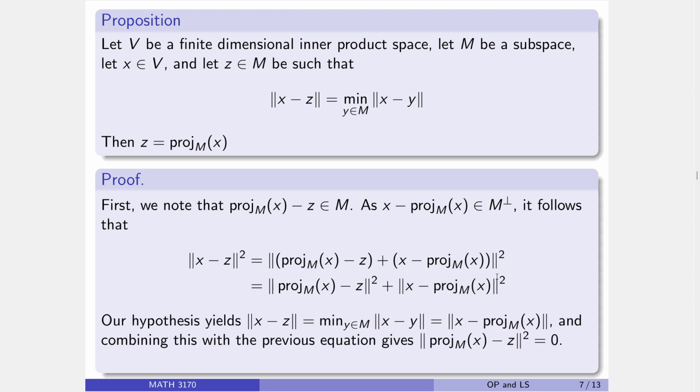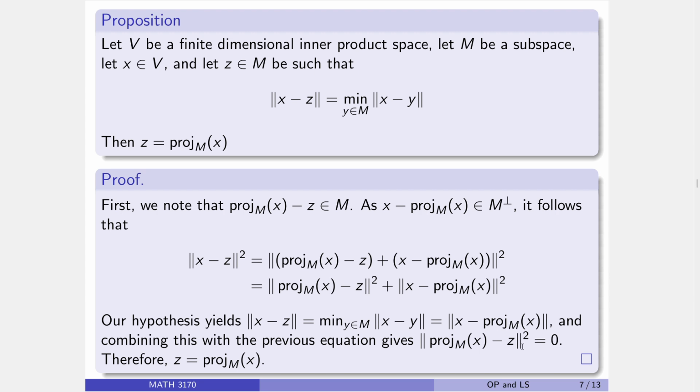So this and that would cancel, giving me that this is 0, and if that's 0, then it's got to be that the projection onto M is in fact equal to z. Cool. All right, so we now know that we can always find an element that is as close to our element x in a subspace as possible by the orthogonal projection.